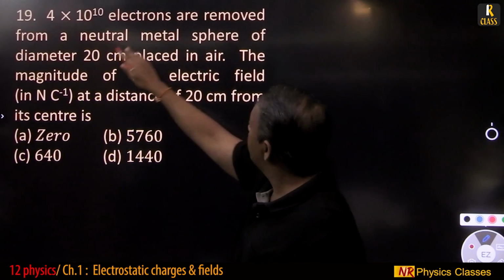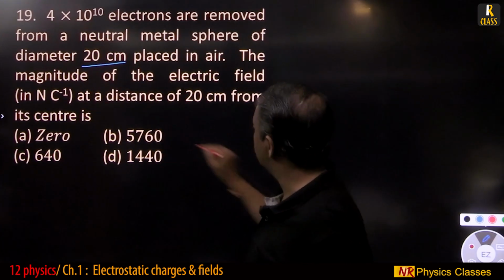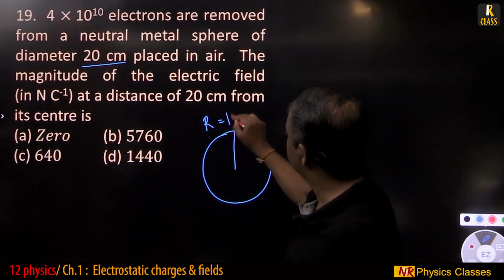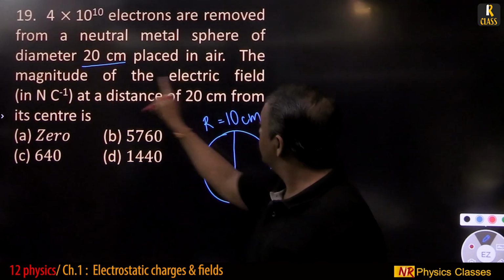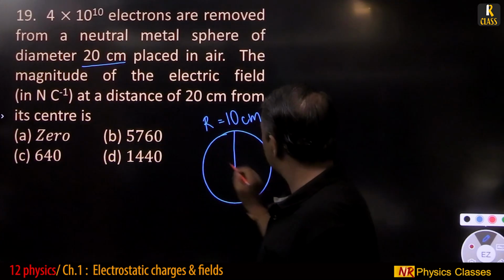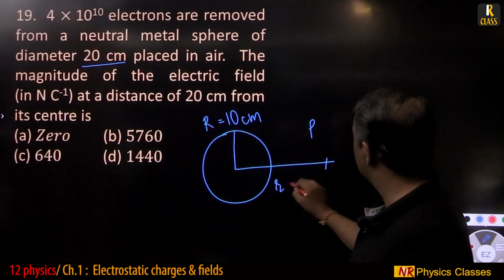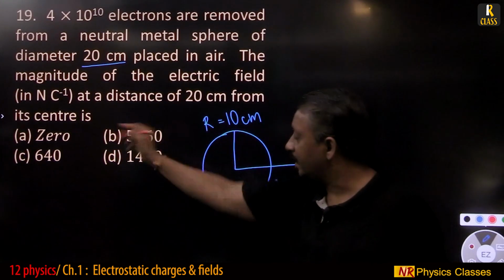Electrons are removed from a neutral metal sphere of diameter 20 centimeter. Sphere radius is 10 centimeter. The magnitude of the electric field at a distance 20 centimeter. So this is point P at a distance 20 centimeter from the center is.